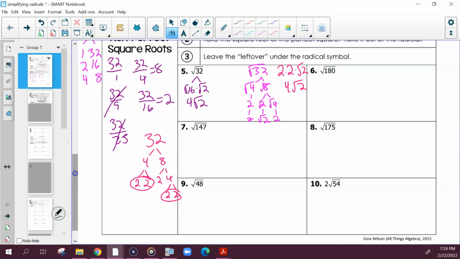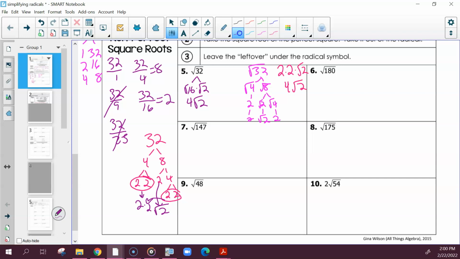So this is one group of 2. This is one group of 2. And then this one by itself stays underneath the square root. You would get the same answer, it's just a different way of looking at it.